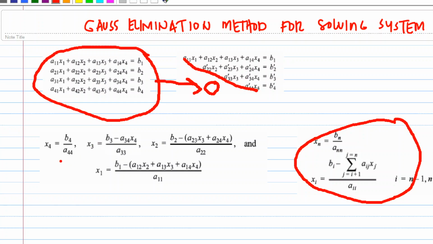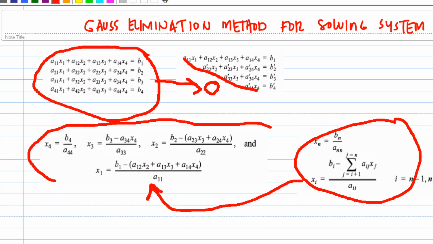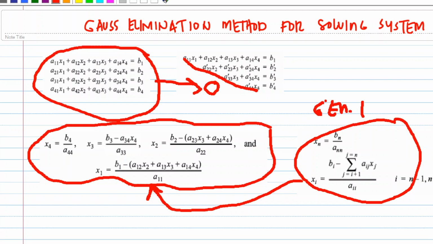Now, for a system of linear equation with four equations, four unknowns like this one, the general formula can be simplified as this. Okay, so I can say that this is the general formula once you transform the original matrix into an upper triangular matrix.